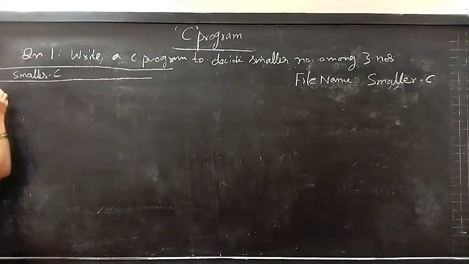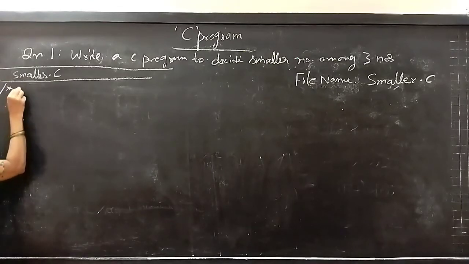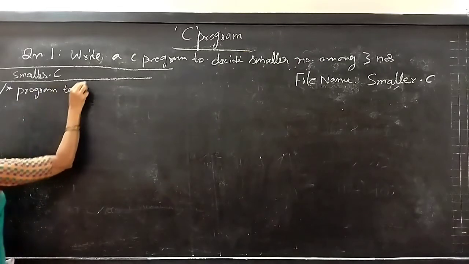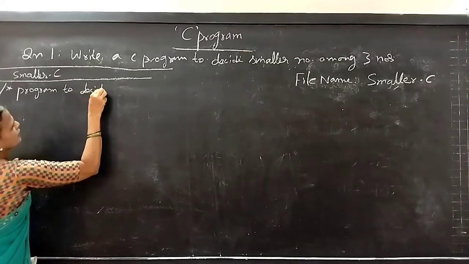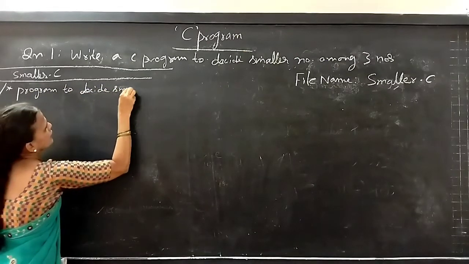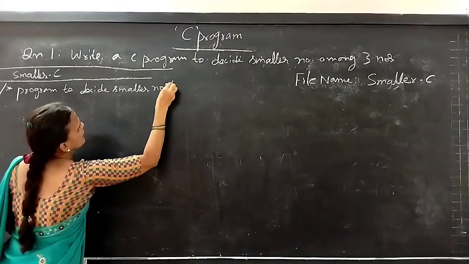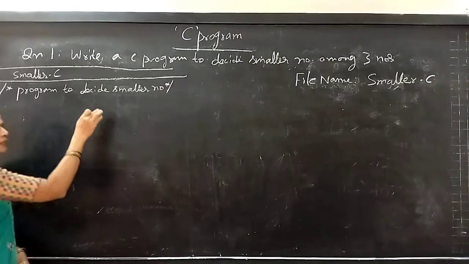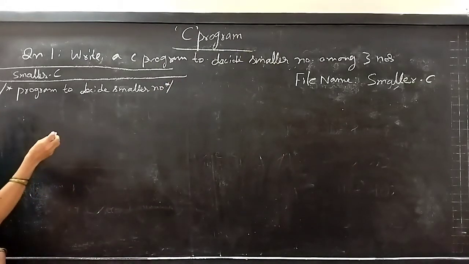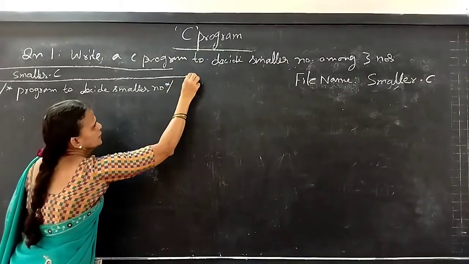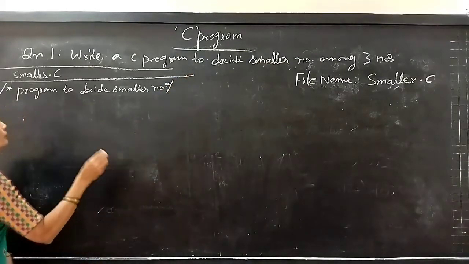The first step is to write the comment entry: program to decide a smaller number, and close it. You know that it is only for the programmers to know; it is not a part of the program.